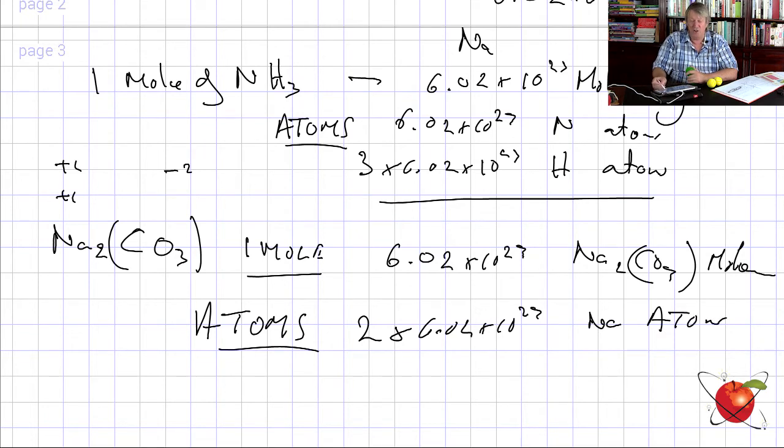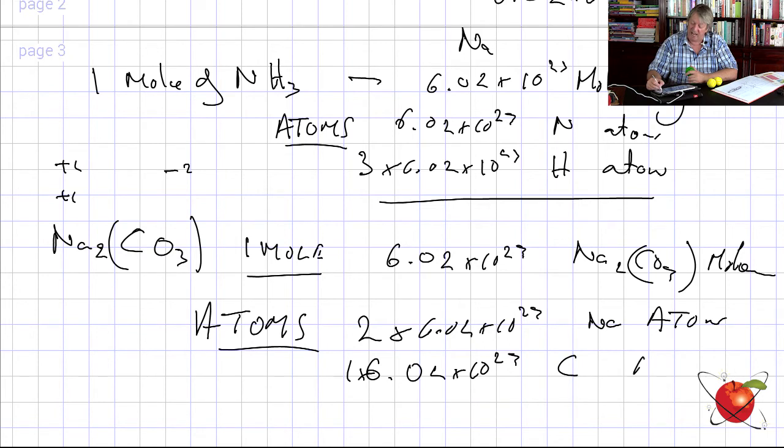Because there's 2 in each molecule. 1 mole contains so many molecules, but atoms there's 2, right? Therefore, there's also 6.02 times 10 to the 23 carbon atoms, and 3 times 6.02 times 10 to the 23 O atoms.